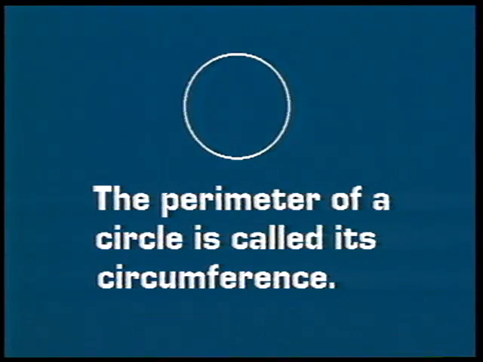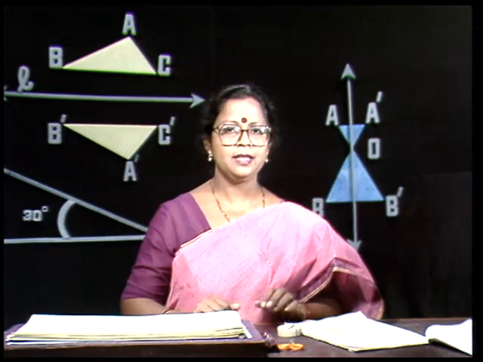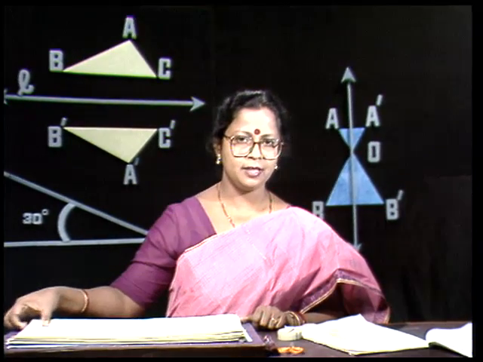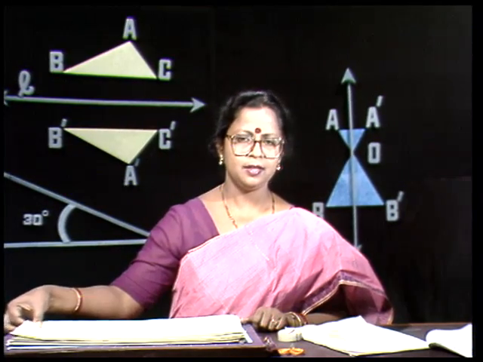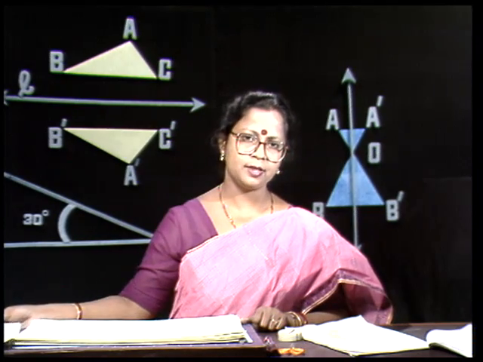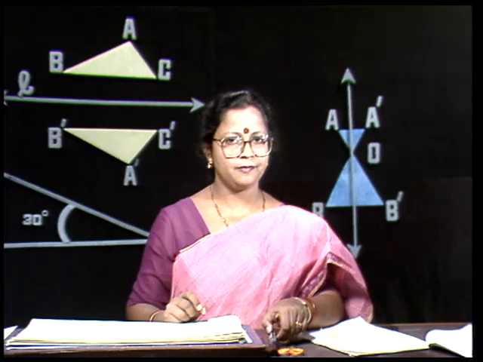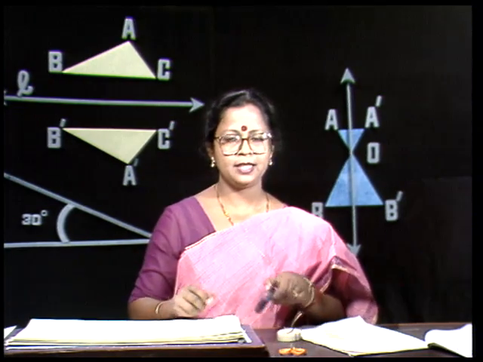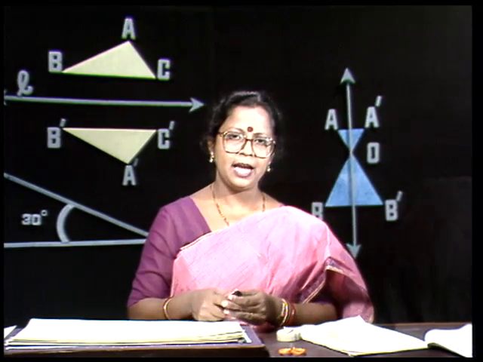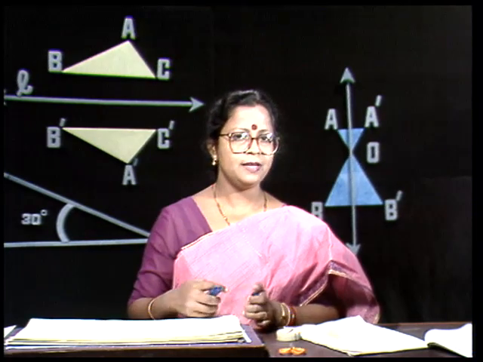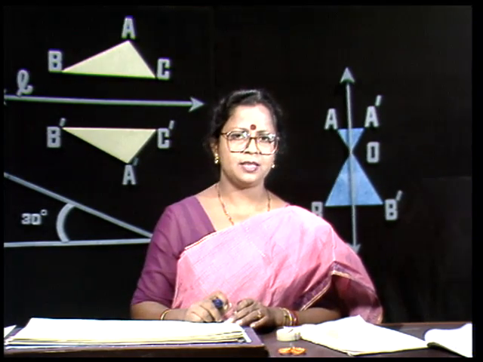The perimeter of a circle is called its circumference, but this method does not always give us an accurate result, maybe due to personal or instrumental fault. In our previous classes, we have learned that the ratio of the circumference of a circle to that of its diameter is always the same irrespective of the size of the circle.